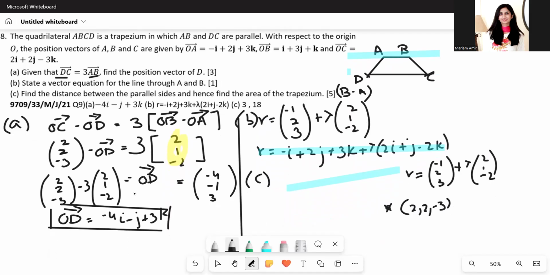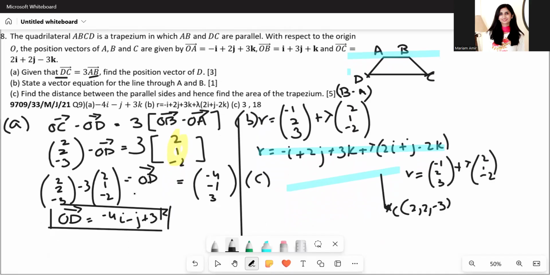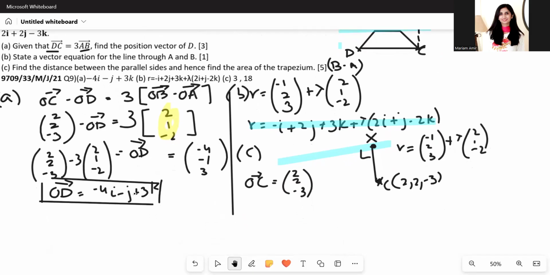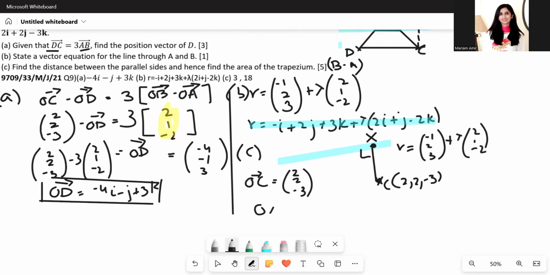This is point C, and we need the height, this height from C towards this line. So the perpendicular distance, what we do, we first name this foot of the perpendicular X. We need the position vector of C, which we already know is (2, 2, -3).